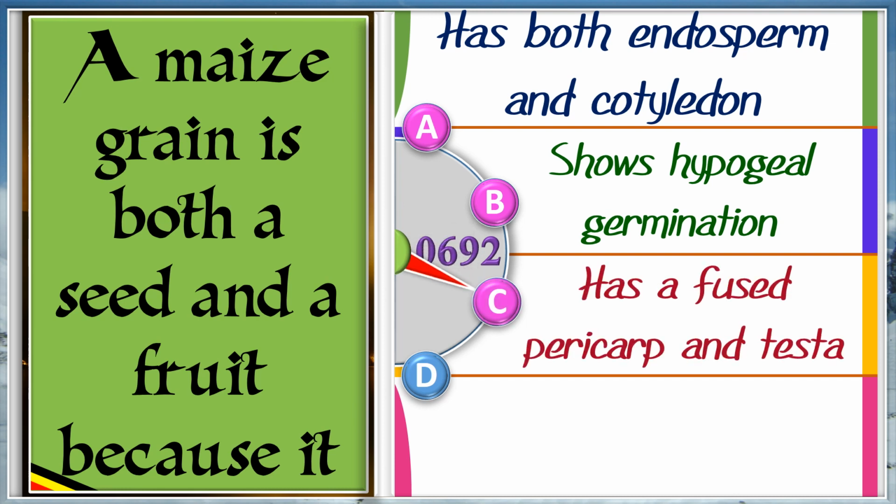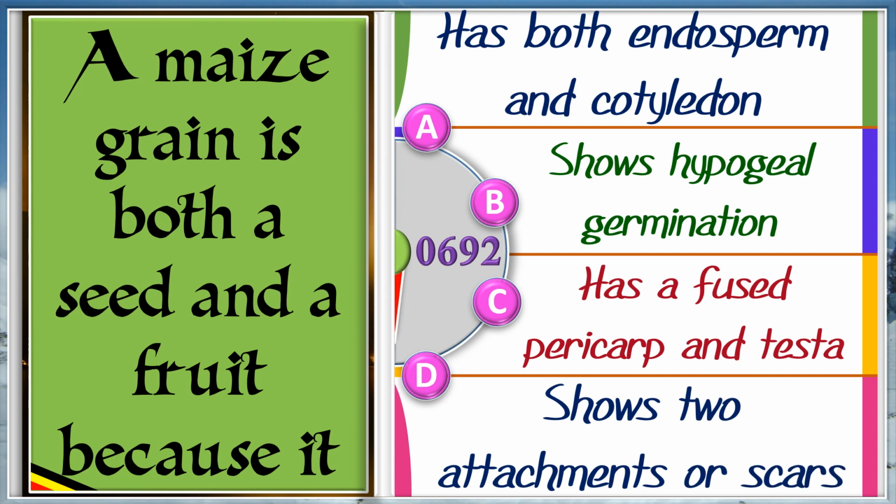C. Has a fused pericarp and testa. D. Shows two attachment scars. And the answer is D. Shows two attachment scars.